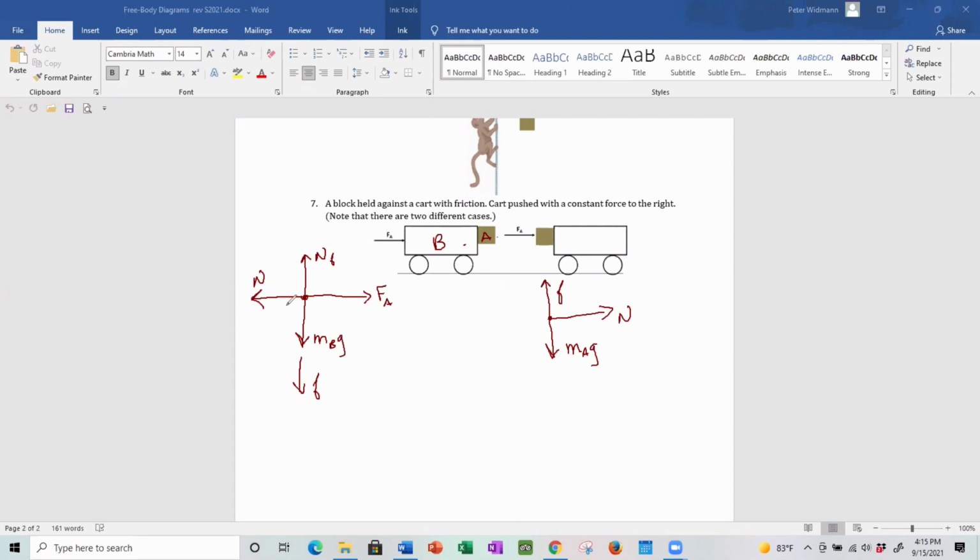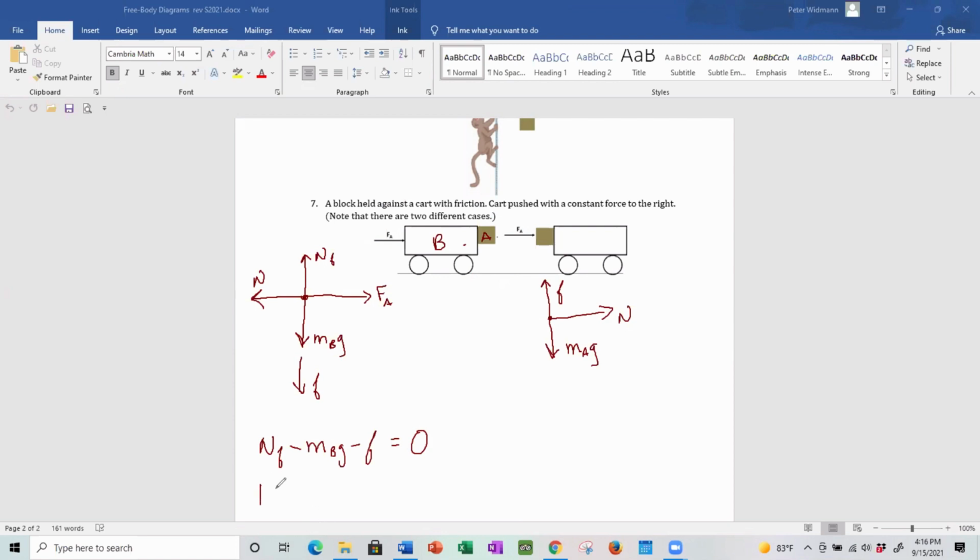So there's going to be 4 equations because I have 2 directions for the 2 bodies. So for the vertical direction, I have N of the floor minus MBG minus little f is equal to what? That's equal to 0 because B isn't moving up and down. It's only moving in the horizontal plane.